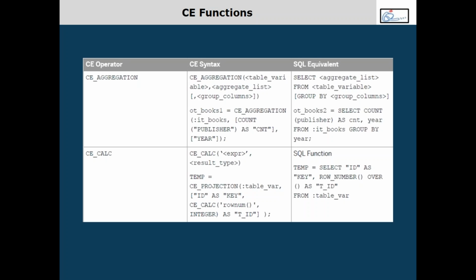If there is some logic you're not able to achieve with CE functions, then you go with normal select statements, normal SQL. But SAP says do not mix up both. Say for example, you're writing a stored procedure. Do not write some lines with CE functions and some lines of code with normal SQL. Either write the code completely with SQL, or write completely using CE functions.